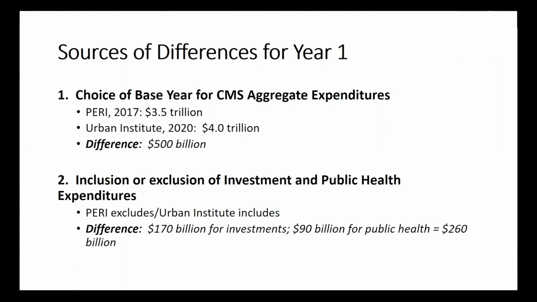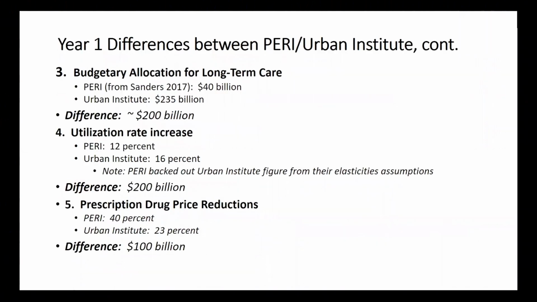The second matter of pure accounting is whether we're including in our budgeting for Medicare-for-All investment expenditure and public health expenditure. We excluded that because we were focused on health consumption expenditures. So when you account for that difference, that's another $260 billion. So roughly $750 billion is purely the result of accounting.